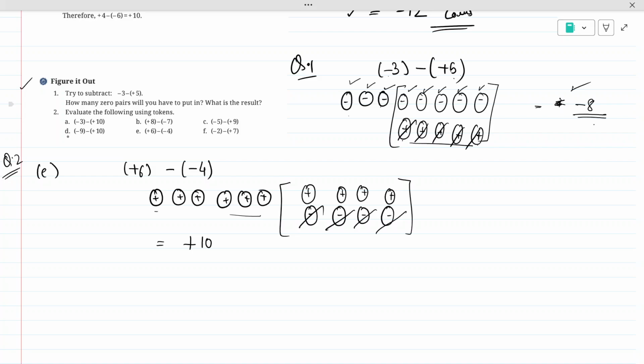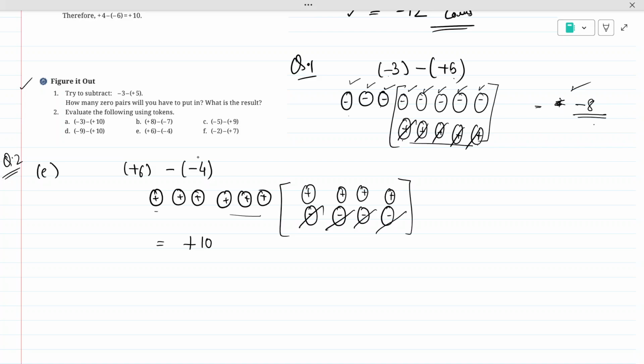Now what we have is, rest of the questions we have done the similar questions above. So we have to see that what value is given to us, whether that can be accommodated in our operation. If not, then we have to add the zero pair. We will see how many zero pairs we have to add.